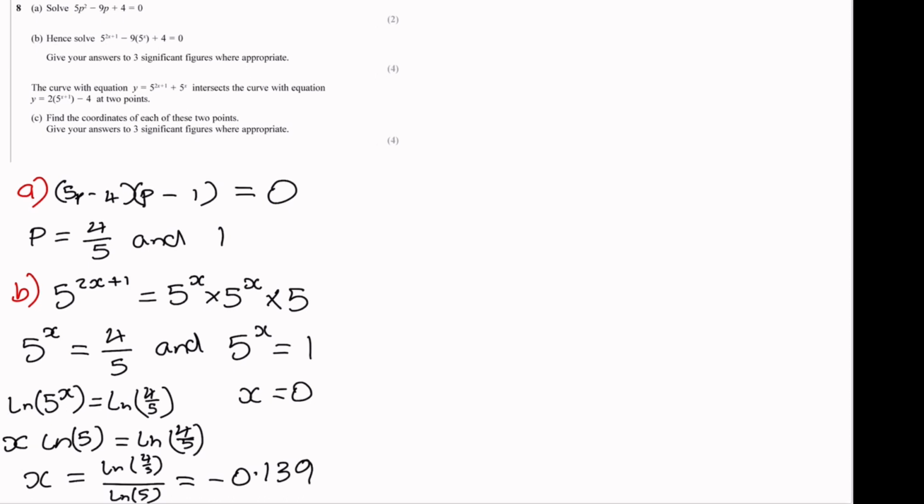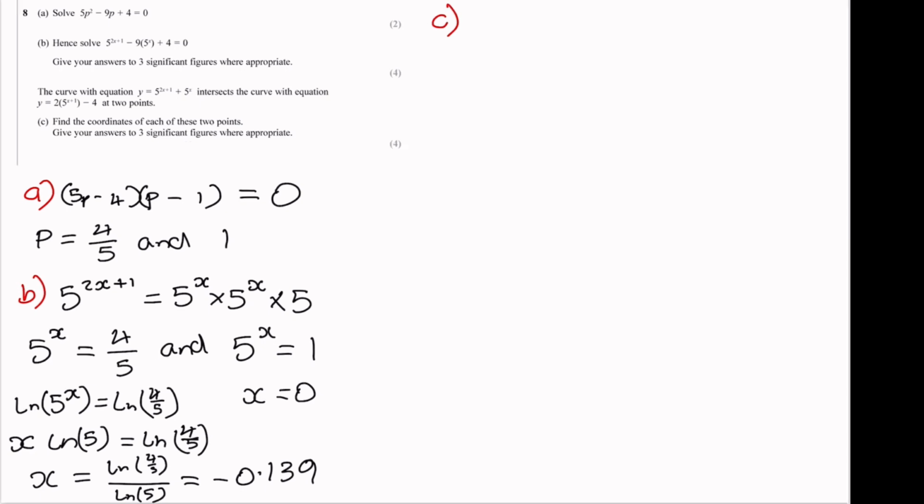Part C. The curve with equation y equals 5 to the power of 2x plus 1 plus 5 to the power of x intersects the curve with equation y equals 2 times 5 to the power of x plus 1 minus 4 at 2 points. Find the coordinates of each of these 2 points. So when two functions or curves intersect each other, we are going to put them equal.